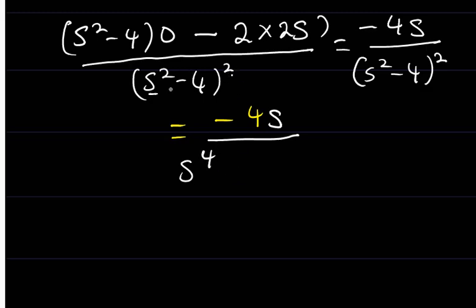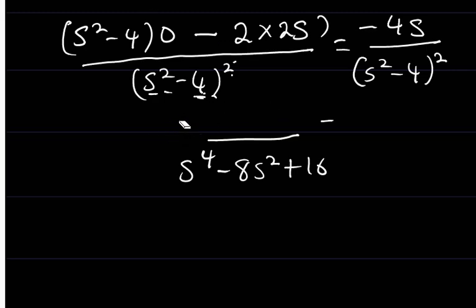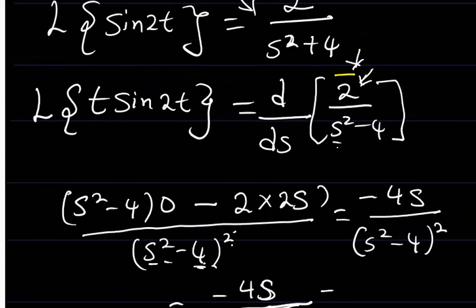Use 2 to multiply this and this: 2 times 4 times s squared is 8s squared, then 4 squared is 16. So that's the answer. The answer is minus 4s all over s to the power 4 plus 8s squared plus 16. I hope that is well understood.